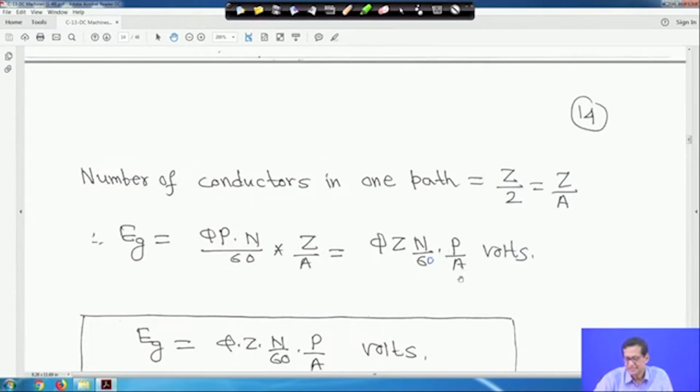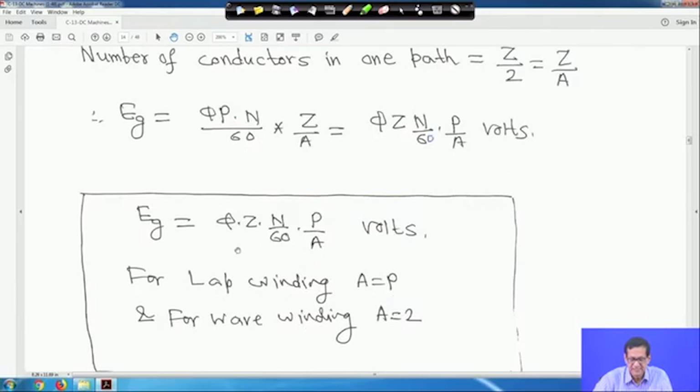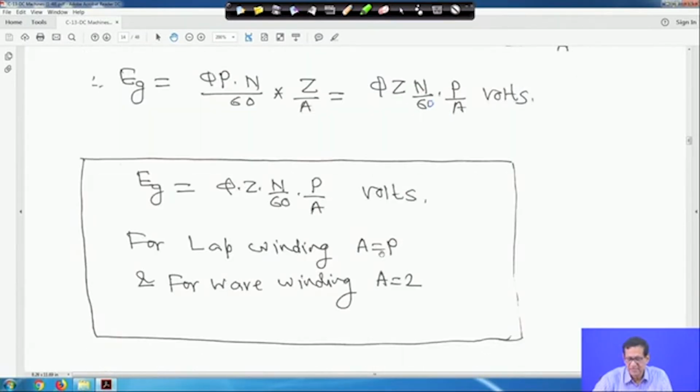For lap connection A is equal to P, and for wave connection A is equal to 2. Therefore, Eg is equal to phi Z N by 60 into P by A volts. For lap winding A is equal to P, and for wave winding A is equal to 2, right. For the numerical part you have to keep this in your mind.